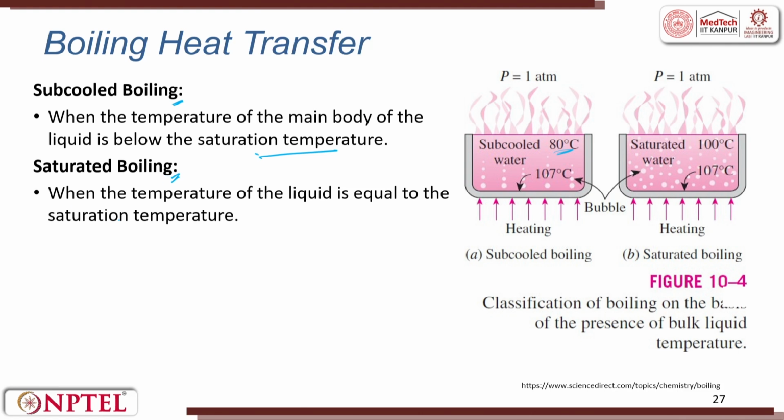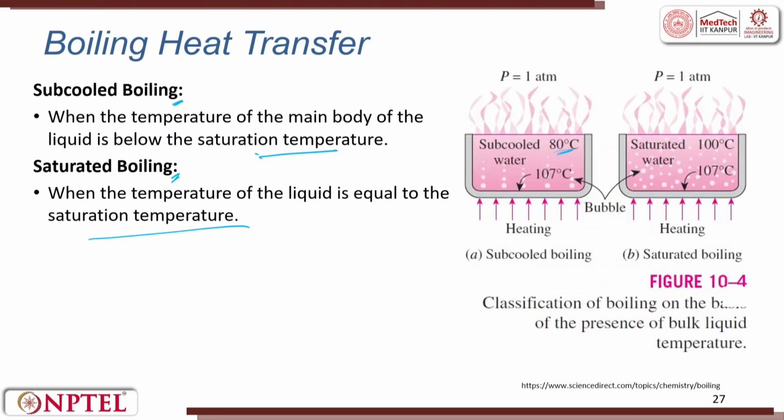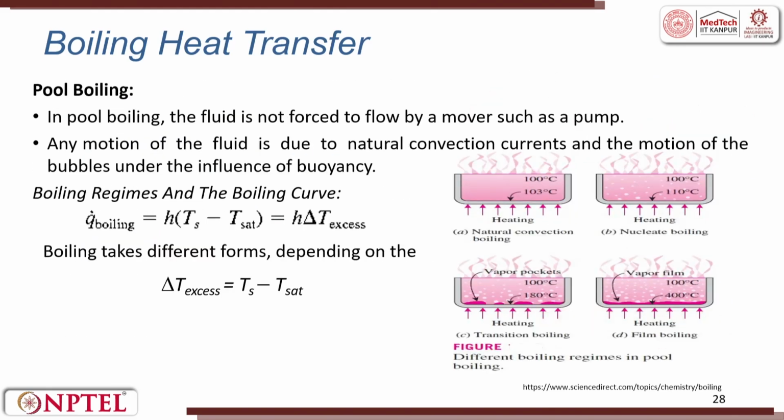Saturated boiling is when the temperature of the liquid is equal to the saturation temperature. So, here saturation temperature is very important. We saw what is pool boiling, flow boiling, subcooled boiling and saturated boiling. Friends, these are very important because you have to choose the regime through which the heat transfer can happen.